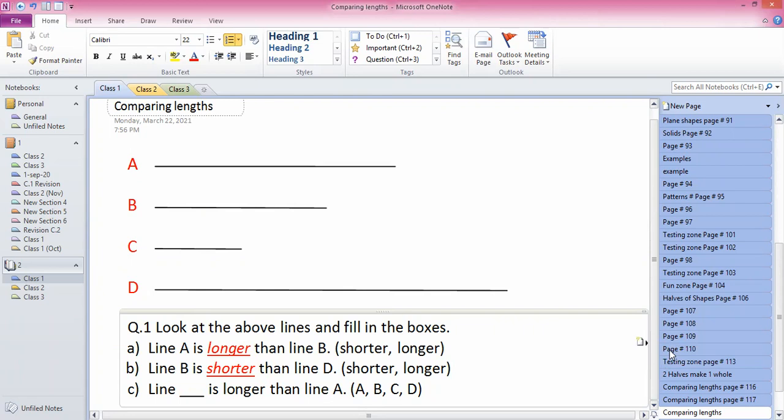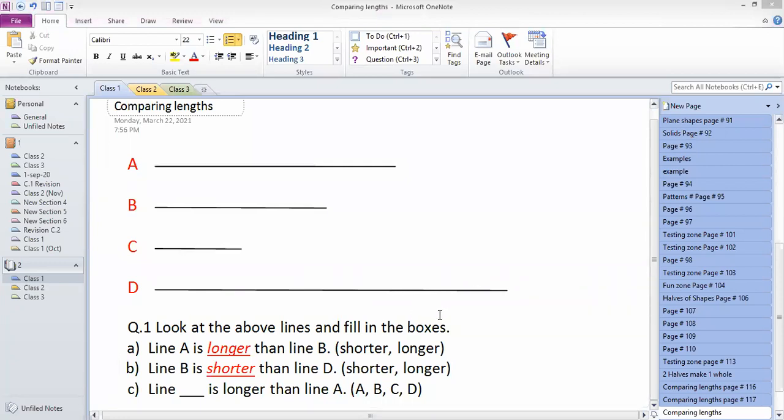Yes. Are you sure? Yes. Okay. Who is answering? Rakan, are you answering or Rashid is answering? Rakan. All right. Thank you. Rashid, what do you say? Which line is longer than line A?